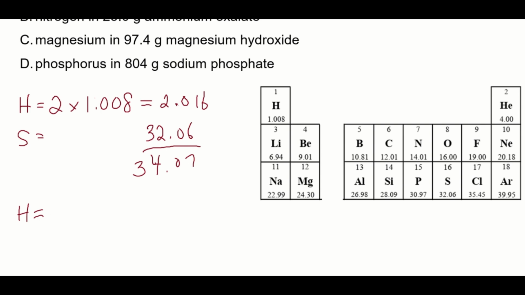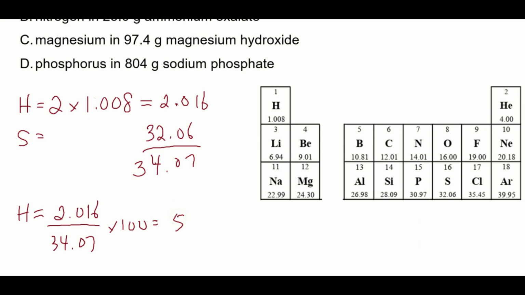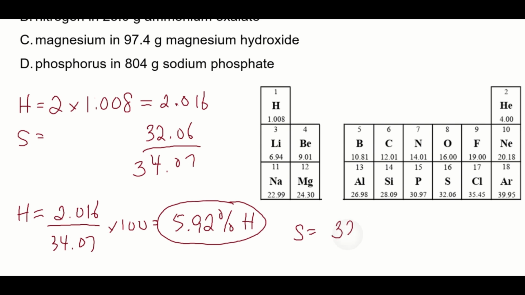So let's get the percent composition by mass for hydrogen. So the mass percent of hydrogen in hydrogen sulfide is 5.92%. And for the sulfur component, it's going to be the remaining out of 100%.